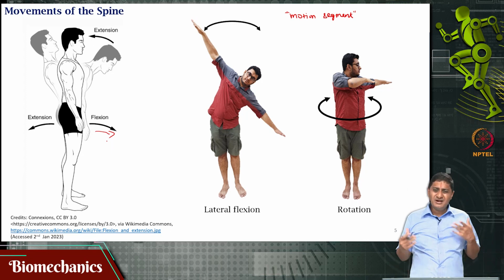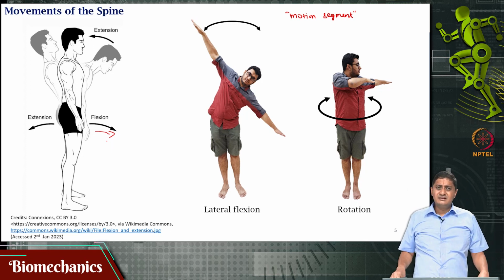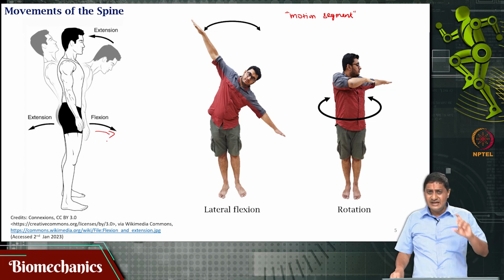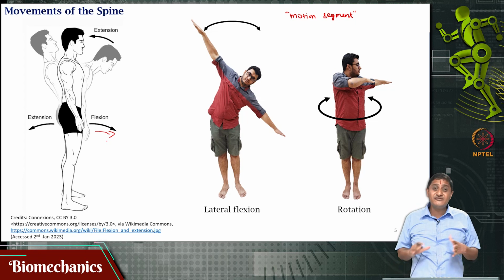So, the net movement that is possible at any level of the spine is a function of the sum of the movements that are happening above that level, and in each motion segment the restrictions or the constraints are different. So, not all the vertebra can move the same amount.